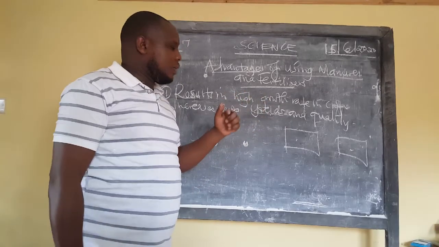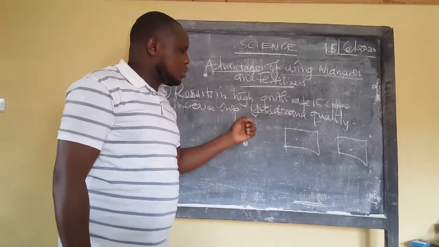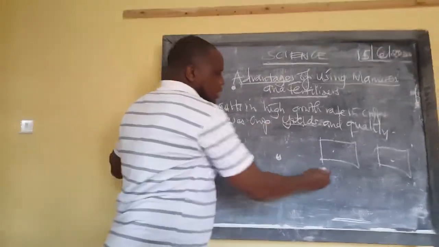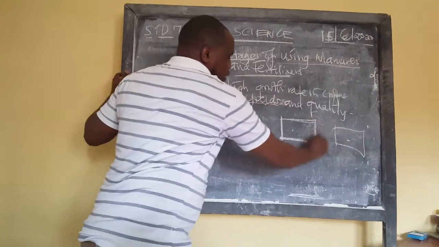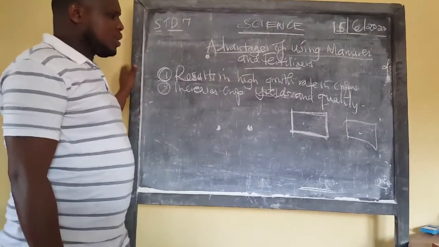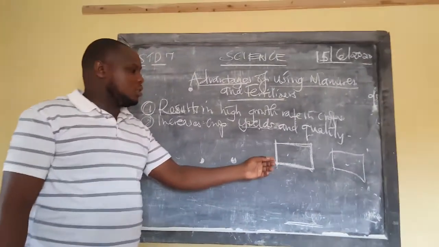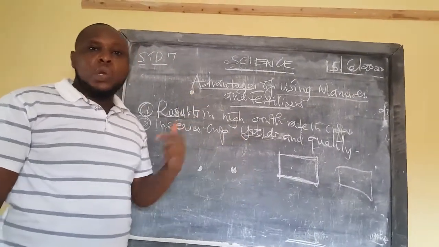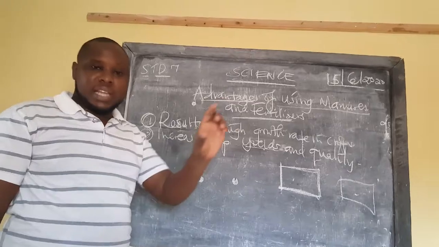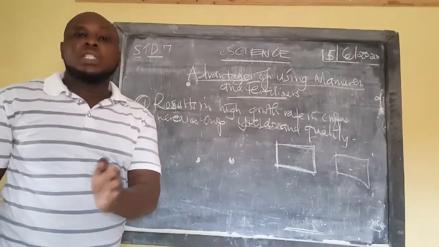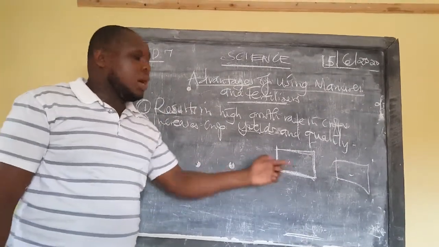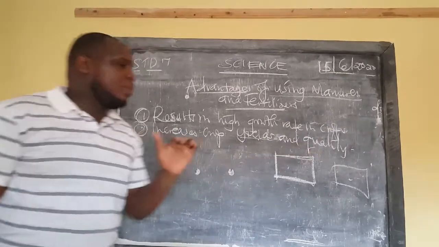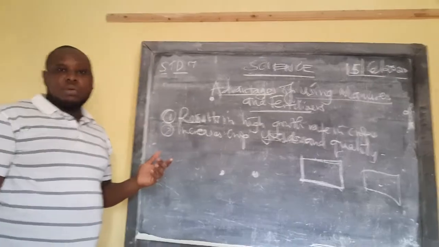Then after producing the crops, look at the maize that was raised with manures: it is so nice in terms of its color. Look at the maize grains, the way they are arranged on the cob. They are not spaced out, because a lot of manure was used to develop them. So when you talk about quality, you talk about the goodness. Take for example the tomatoes.